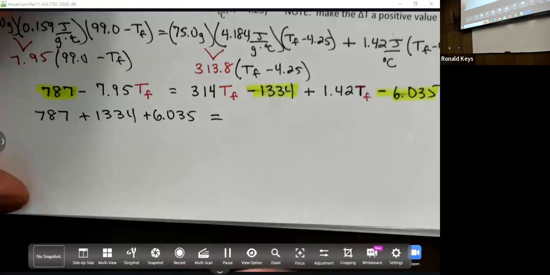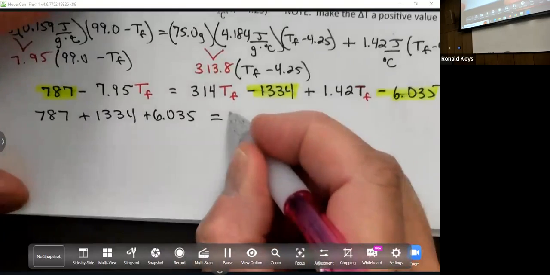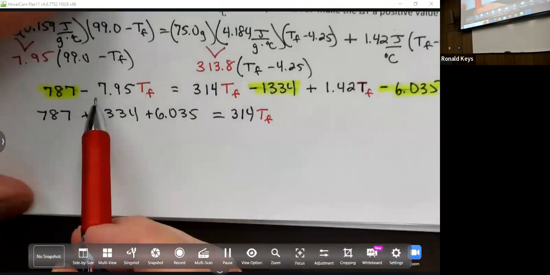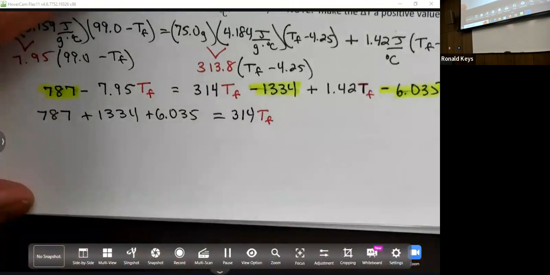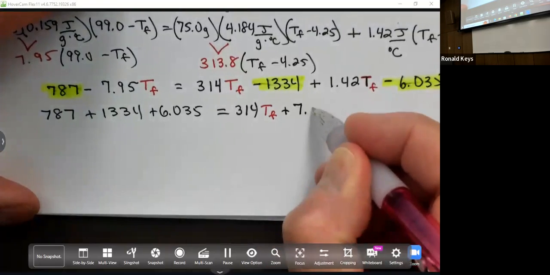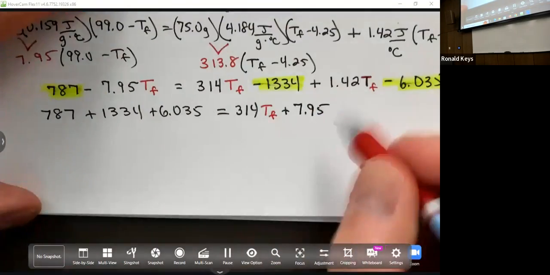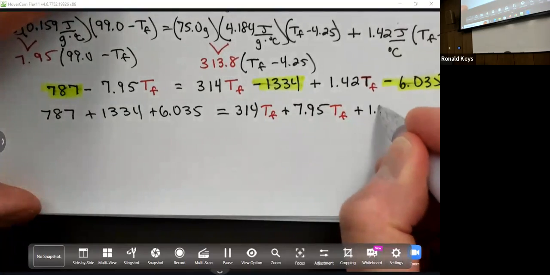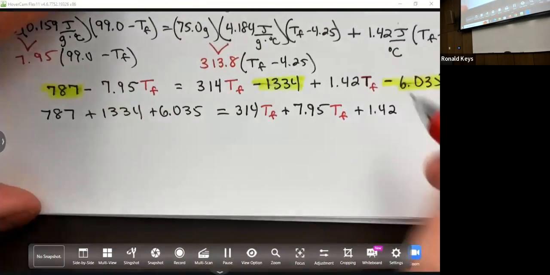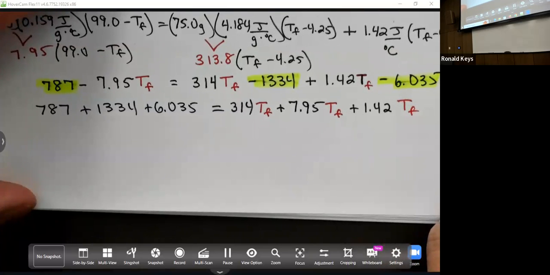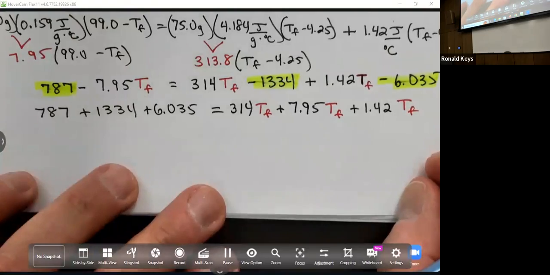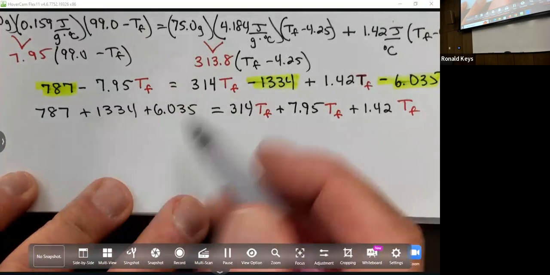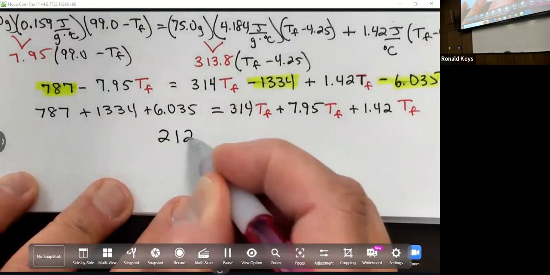Equals. I'm going to have 314 T final. I'm going to bring this one to the other side, and it is going to be plus 7.95 T final plus 1.42 T final. On this side, we get 2126.